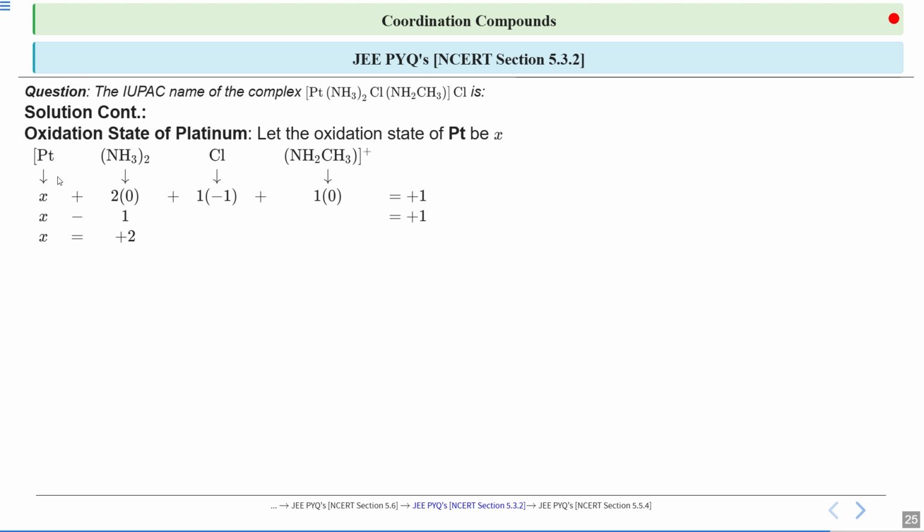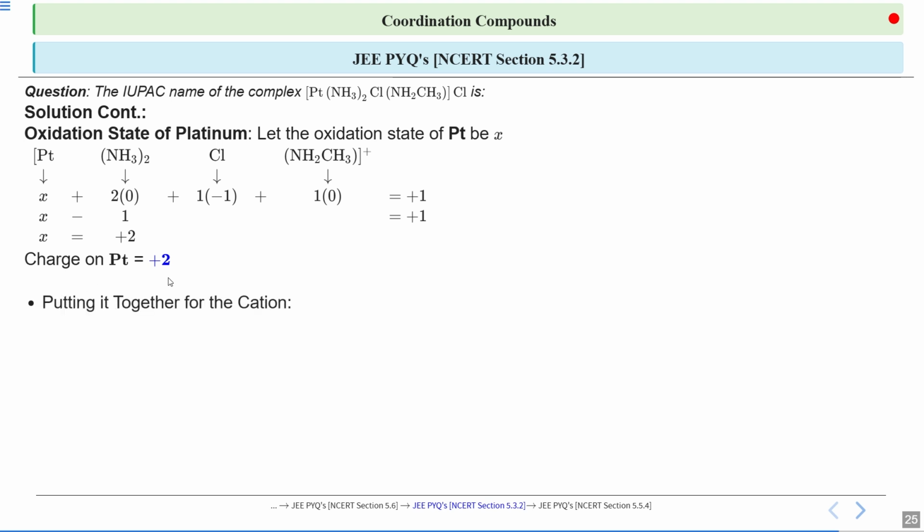When you solve it, X minus 1 equals +1. This -1 goes to the right hand side, so X equals +2. That means the oxidation state of platinum is +2.